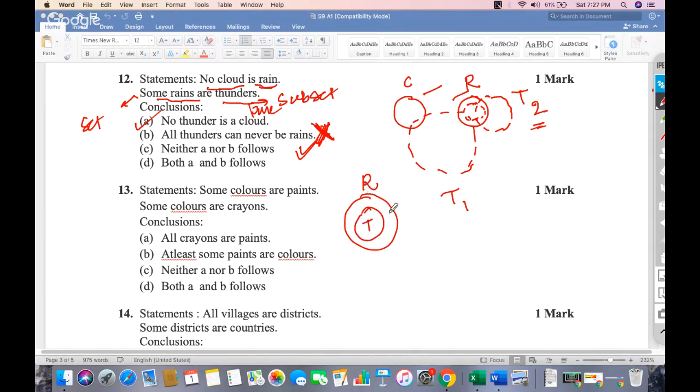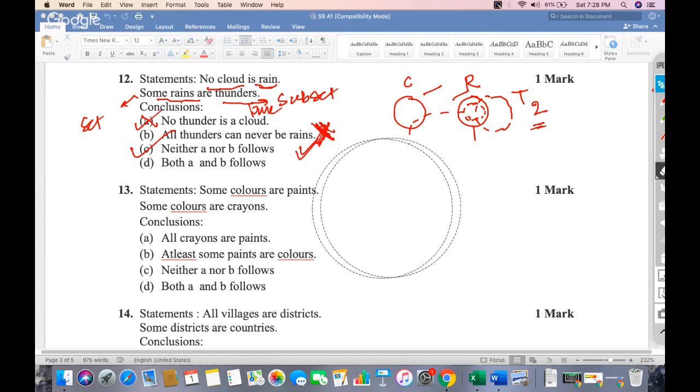So some rains are thunders. Or I can write like this. This is rain and this is thunder. So option B definitely follows. No thunder is cloud. It definitely does not follow. So this does not follow and this does not follow. So option is C. 12C is the option.